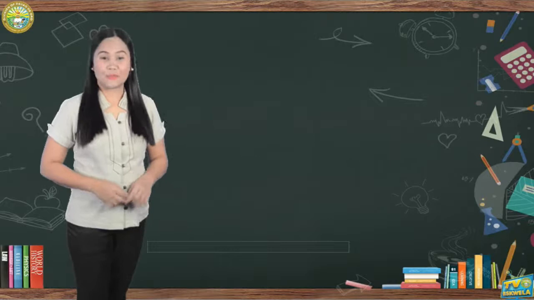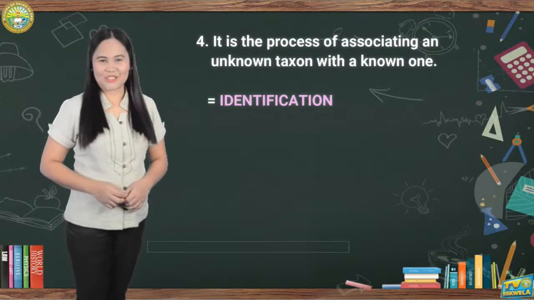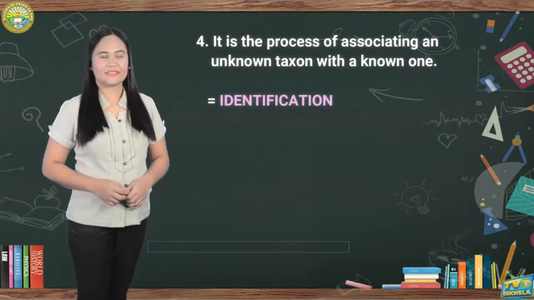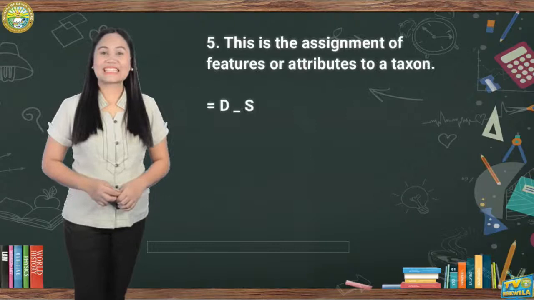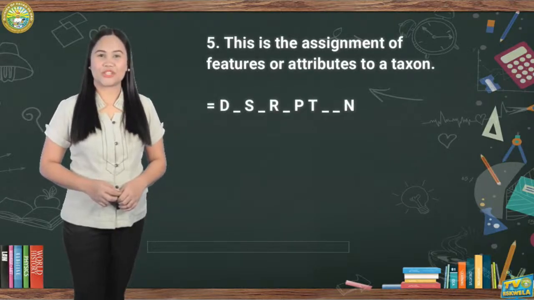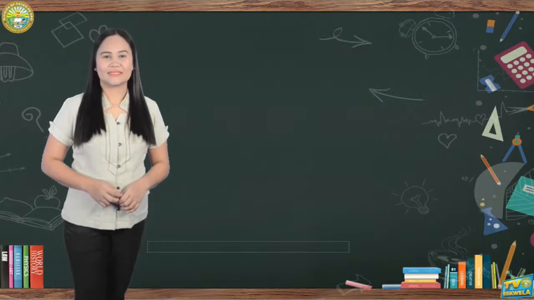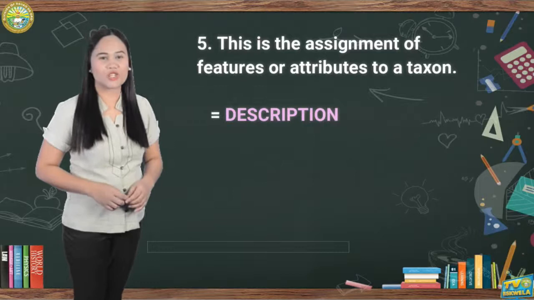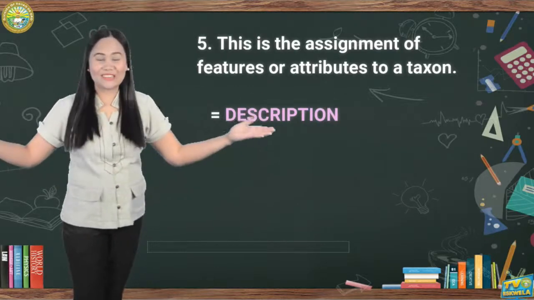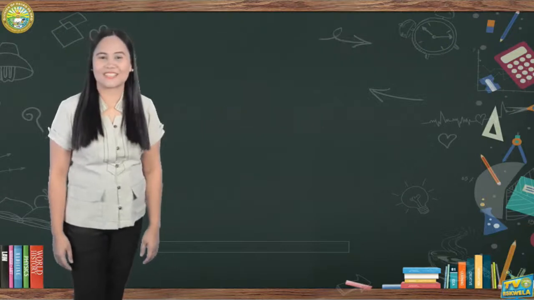Your answer must be identification. So easy. Next number. Number 5. This is the assignment of features or attributes to a taxon. Correct answer is description. Very good, my learners. You did great in remembering your science lessons.